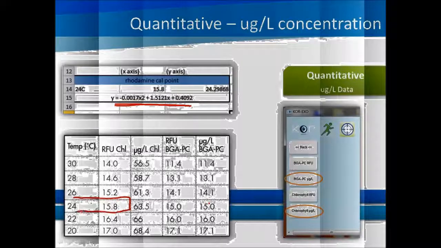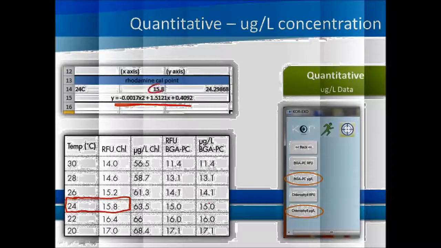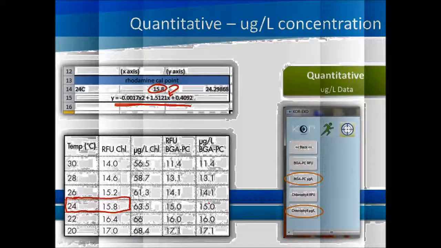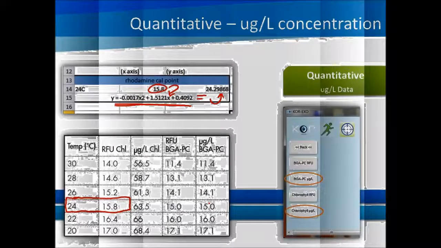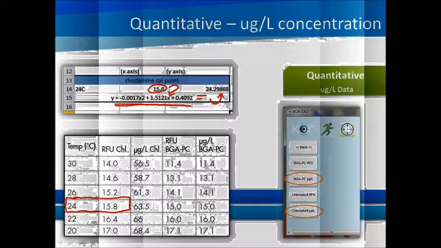I've taken my rhodamine dilution, which is 15.8%, pushed that through my regression, and it says that's equivalent to about 24.29 microgram per liter. I can then calibrate my sensor that way. So instead of using the RFU, I calibrate under microgram per liter, and I use 24.29 microgram per liter. That's going to give me good qualitative data for that site based on the samples I took.